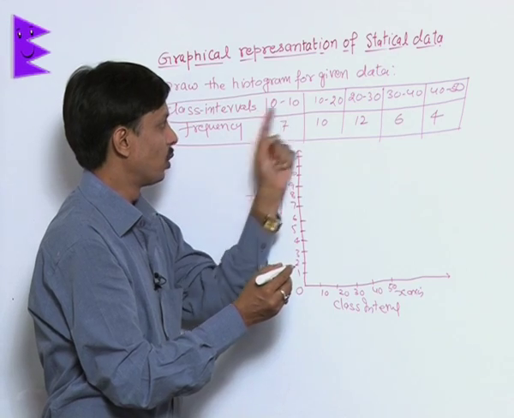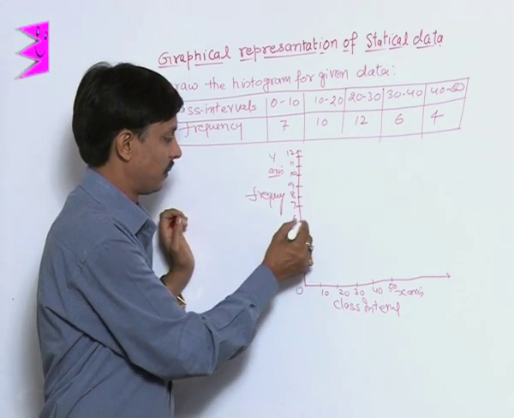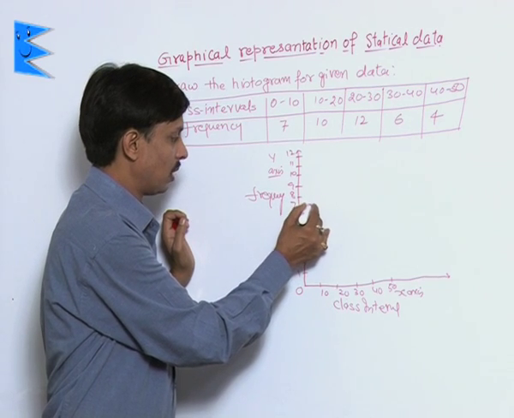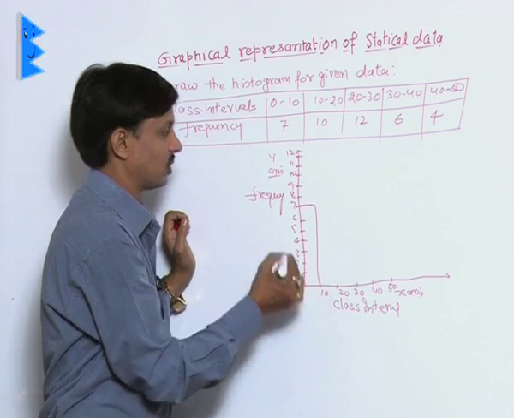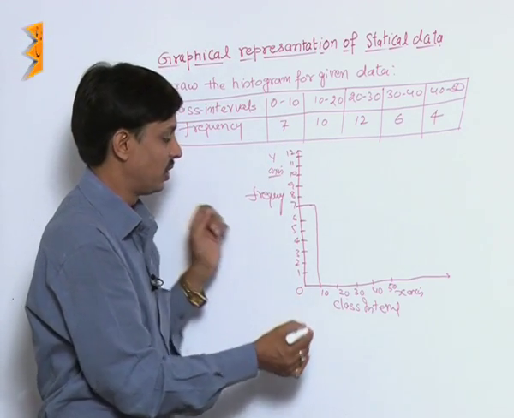First is 0 to 10, and its frequency is 7, so this bar will be shown like this. Second is 10 to 20, having frequency 10.